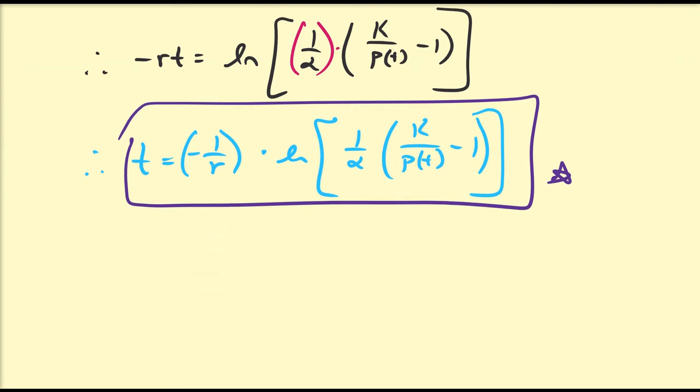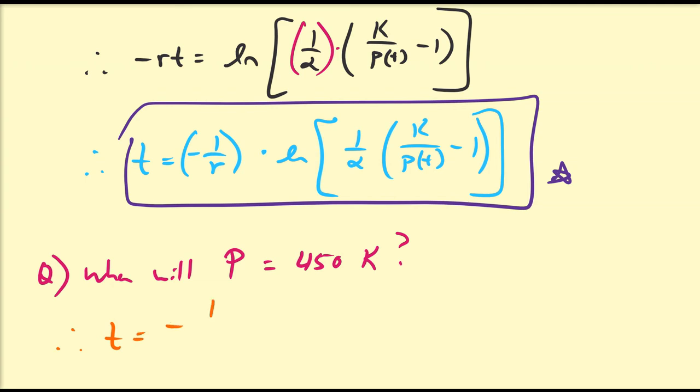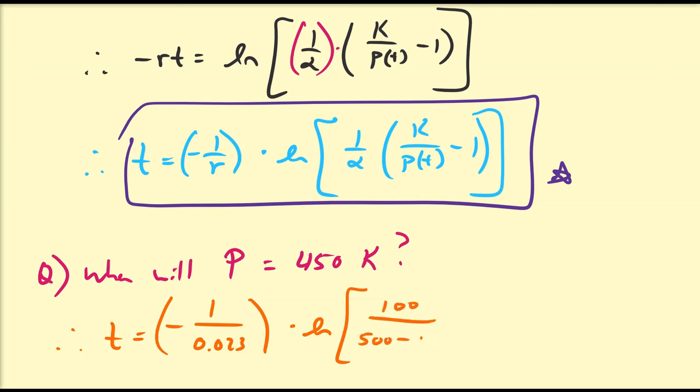So now we can directly answer the following question: when will the population be equal to 450,000? Plugging in everything we have, t is going to be equal to minus 1 over the growth rate, 0.023, times the natural logarithm of 1 over alpha, which is 100 over 500 minus 100.